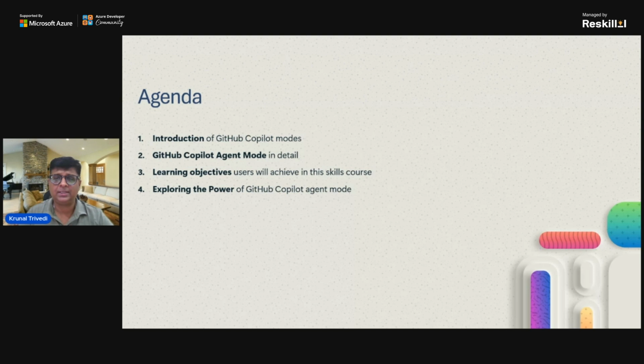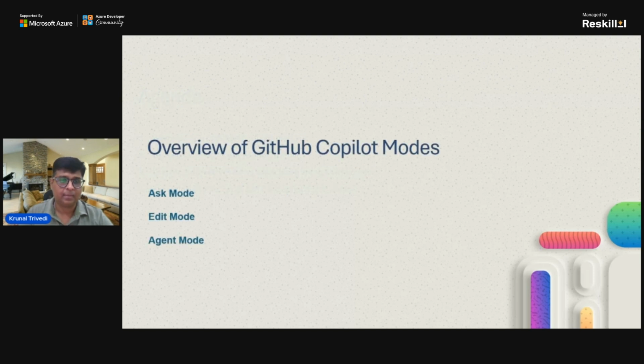So first of all, let's start understanding GitHub Copilot modes. In GitHub Copilot, we have three modes: ask mode, edit mode, and agent mode. As we all know, GitHub Copilot is an AI powered application which enables you to write your code efficiently, helps you find bugs, and clears your questions during programming.